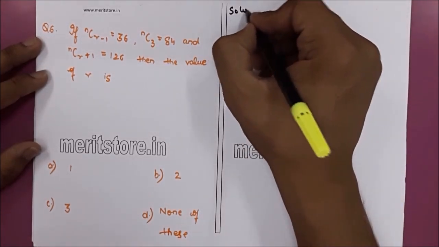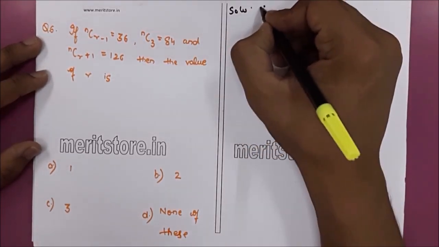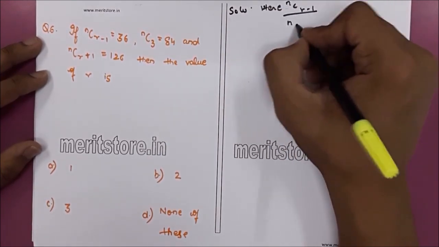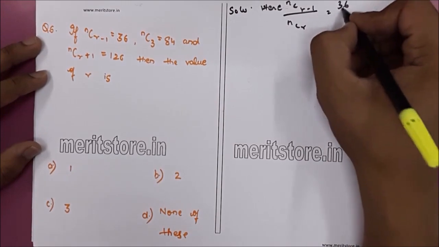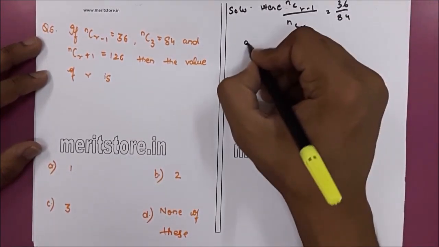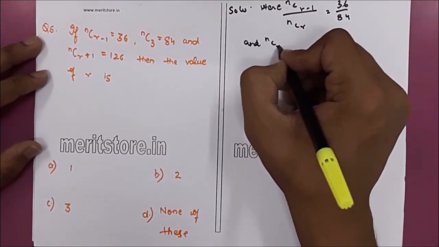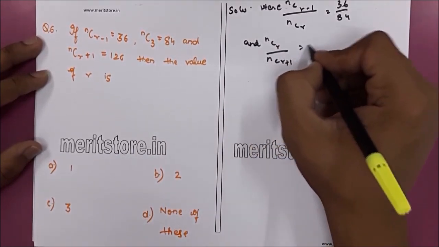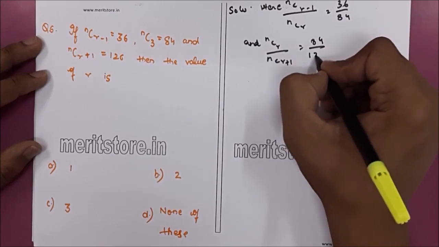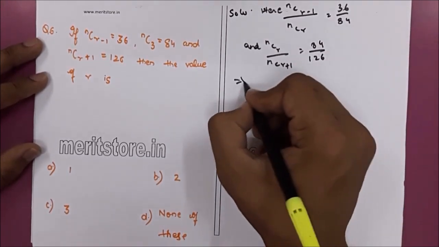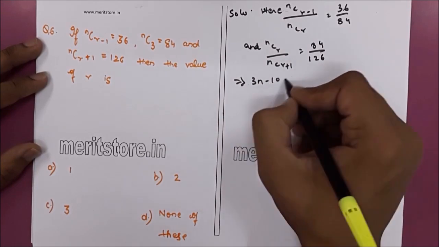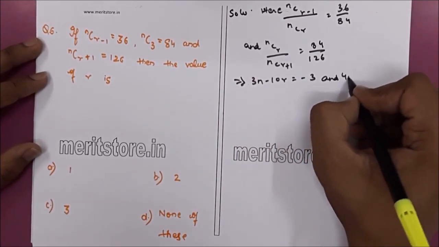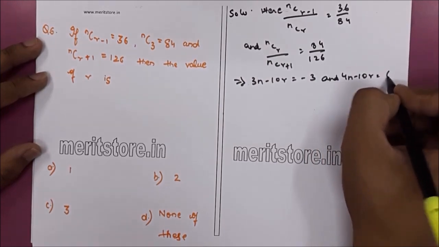Therefore the solution is: here NC(R minus 1) upon NCR is equal to 36 upon 84 and NCR upon NC(R plus 1) is equal to 84 upon 126, that is 3n minus 10R is equal to minus 3 and 4n minus 10R is equal to 6.